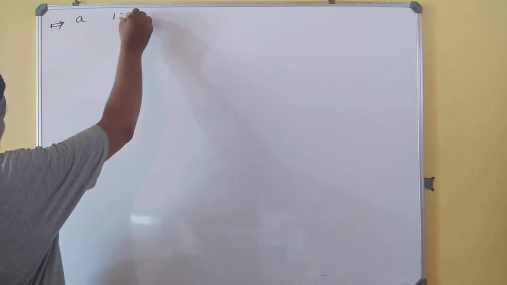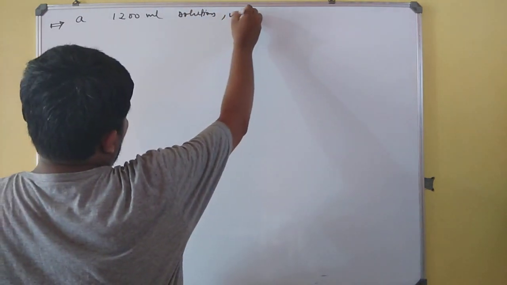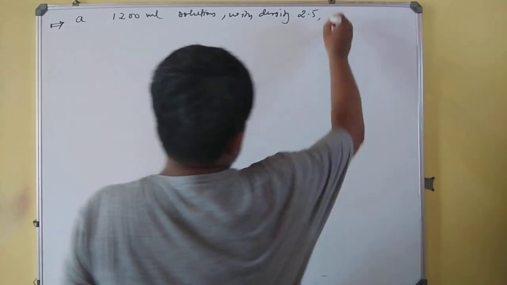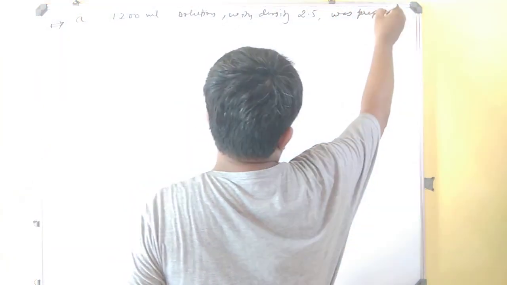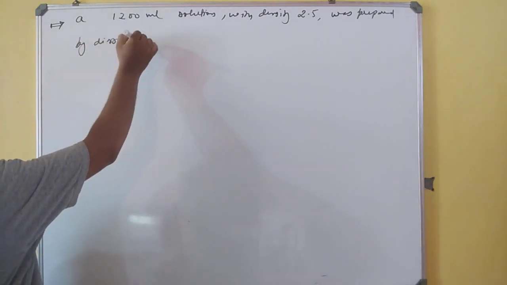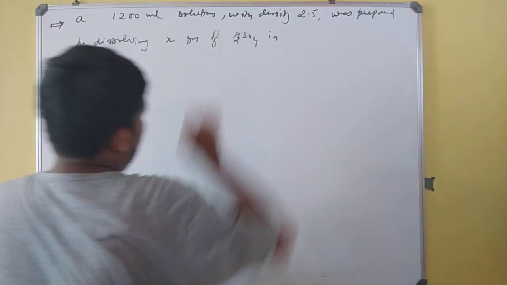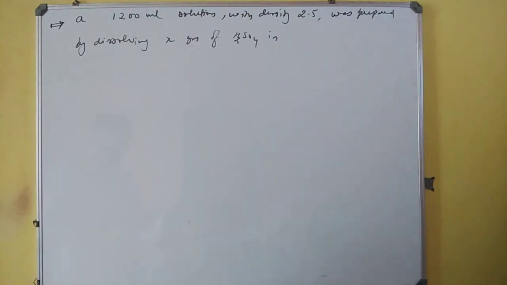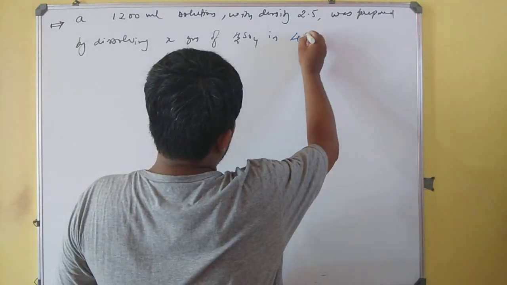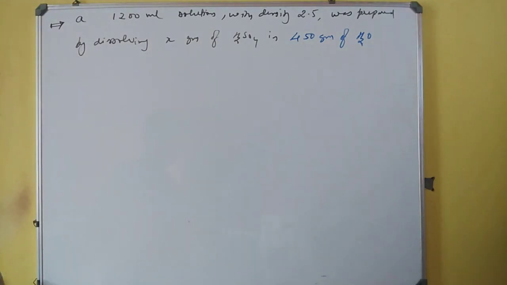A 1200 ml solution with density 2.5 was prepared by dissolving X gram of H2SO4 in 450 gram of water.